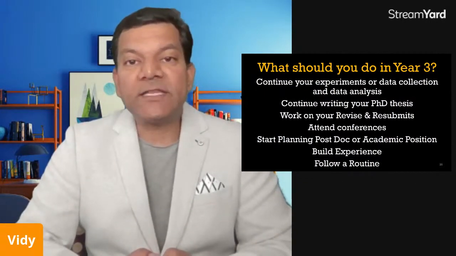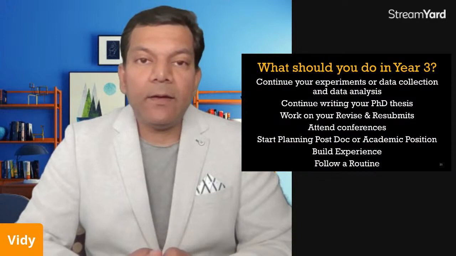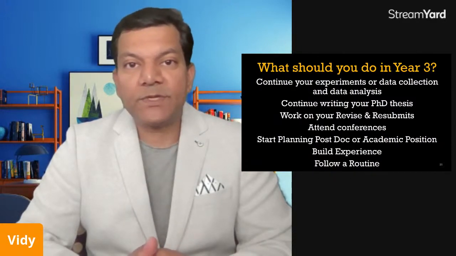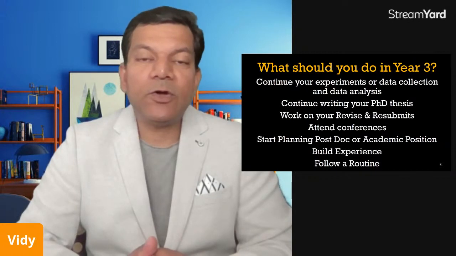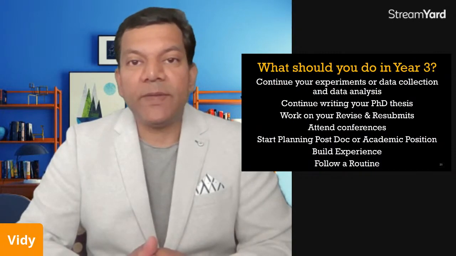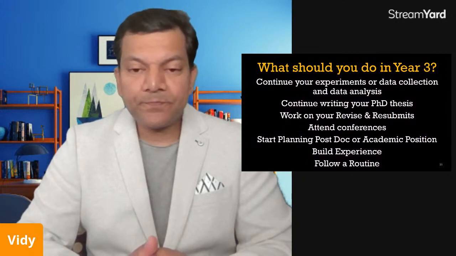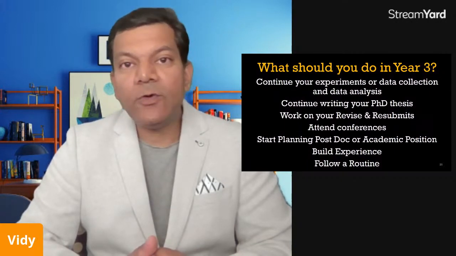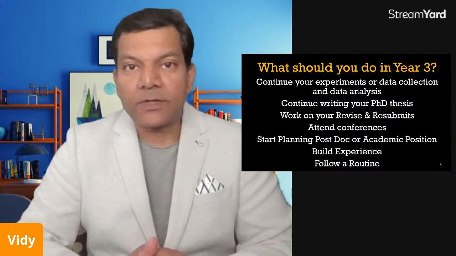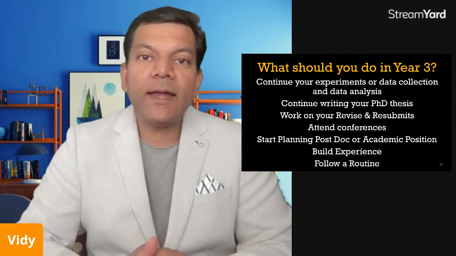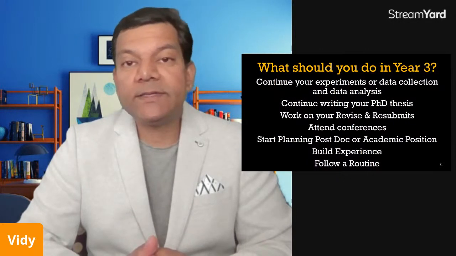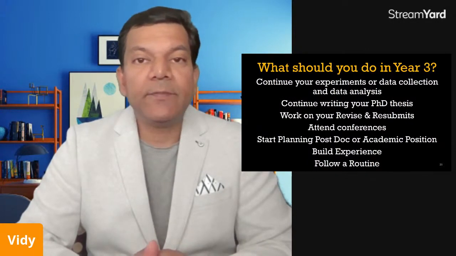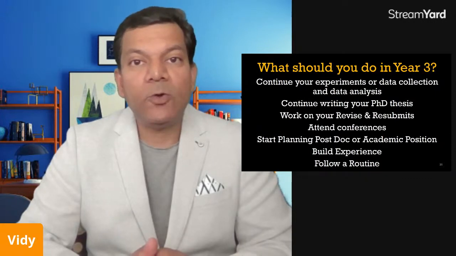Another thing is to build experience. This is in line with what I just mentioned: after your PhD, if you're looking for an academic position, there are some things that you would need to have experience in. One is probably the ability to do some teaching, and if you have done that during your PhD, you can tick that box. Similarly, if you have supervised undergraduate or master's students during your PhD, that is a sign of your capability to do supervision.